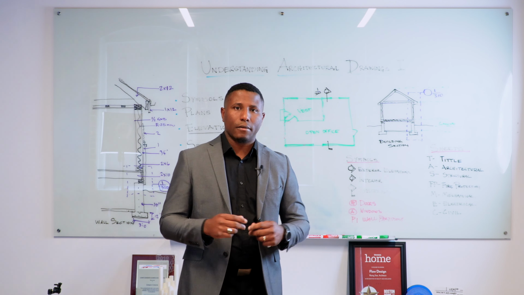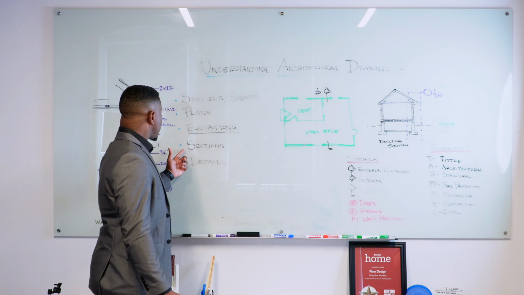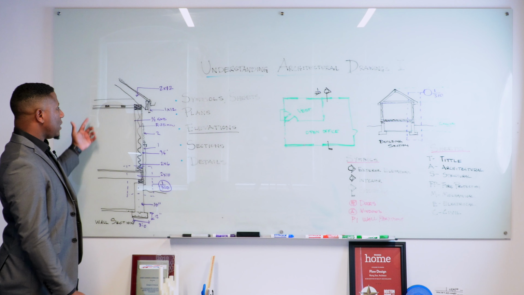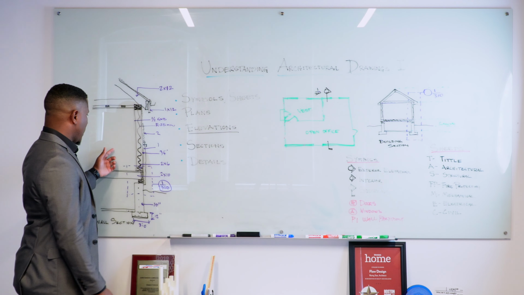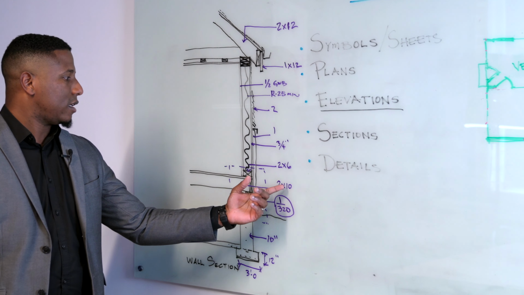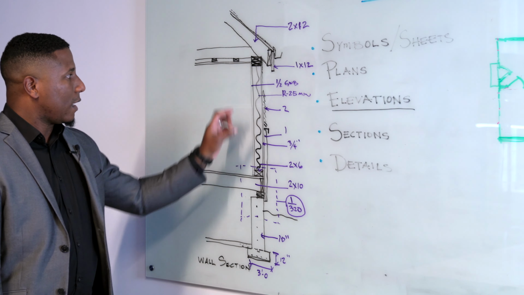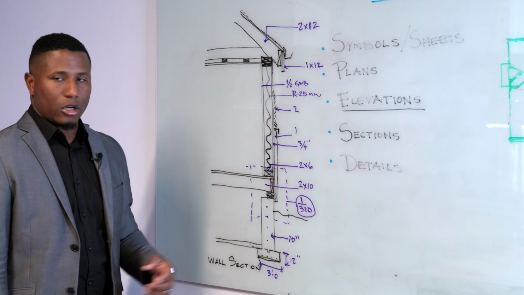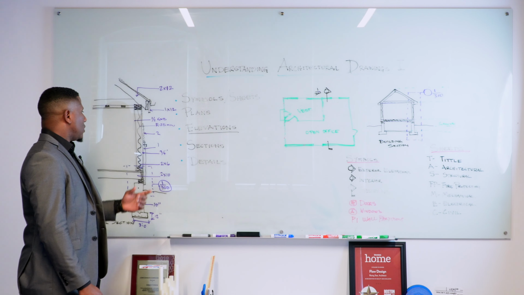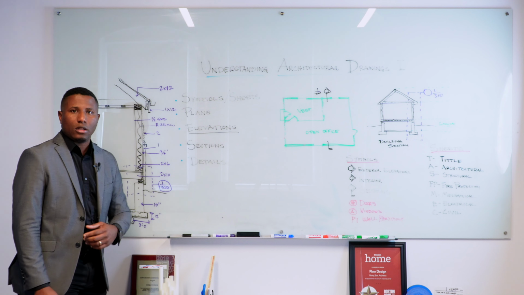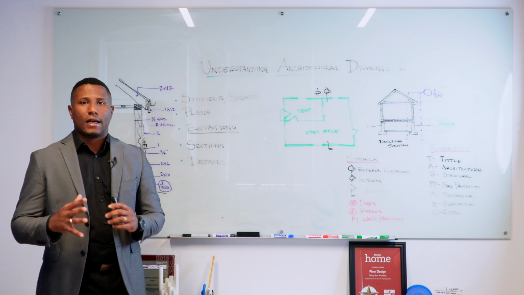In sections, you can go deeper within the architectural plans and understand the floor assembly, if it is a 2x10, what kind of wall assembly you're trying to build, potentially 2x6, and the kind of exterior sheathing you're putting on the building.